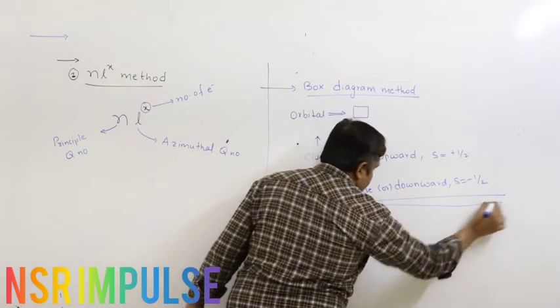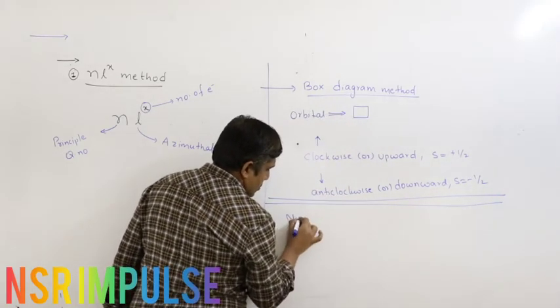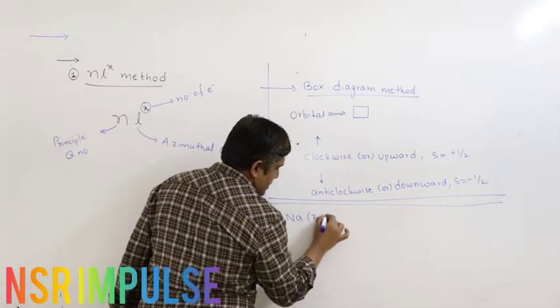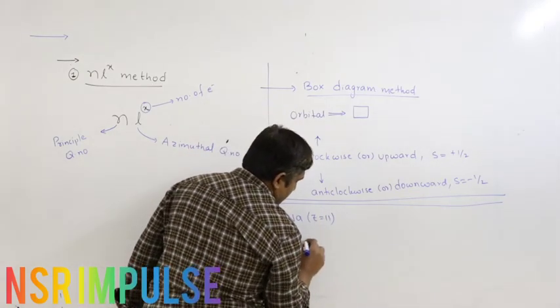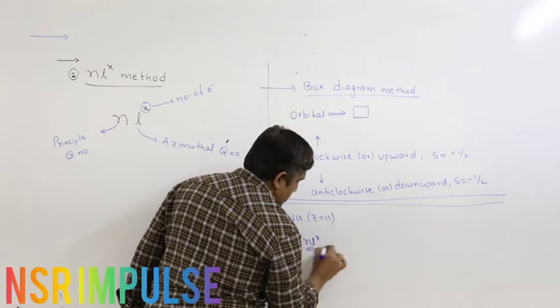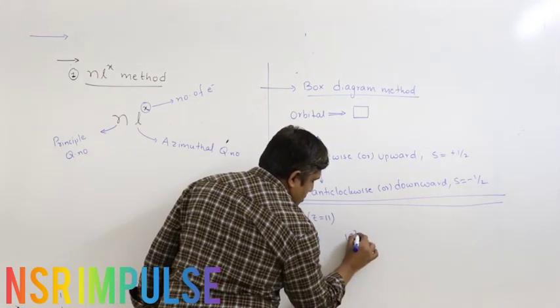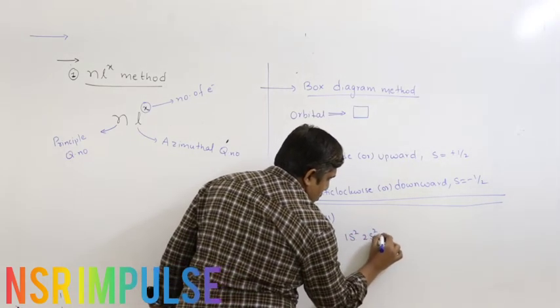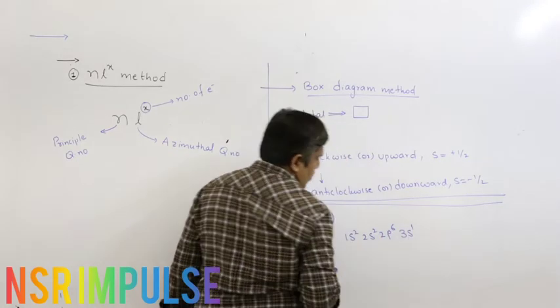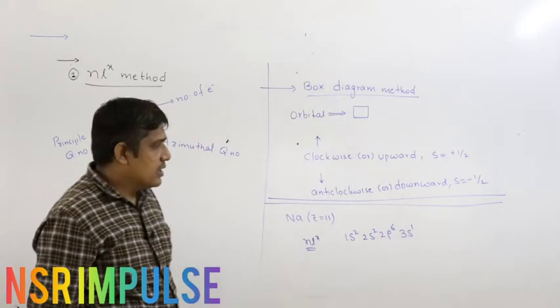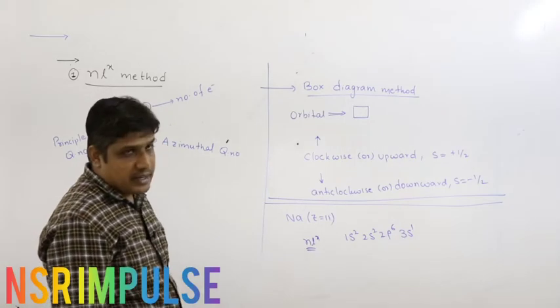I am taking sodium. Sodium atomic number is 11. If I follow the n l x method, how do I write the configuration? 1s2, 2s2, 2p6, 3s1. This is the electronic configuration in the n l x method.